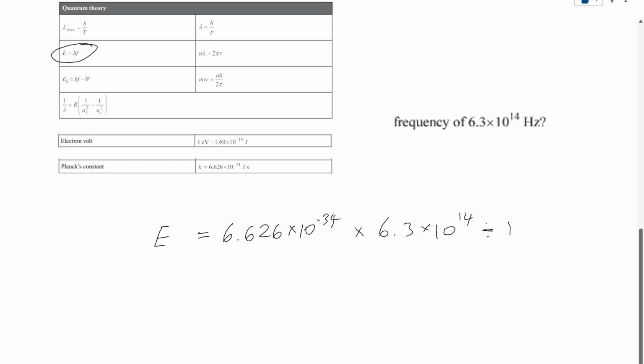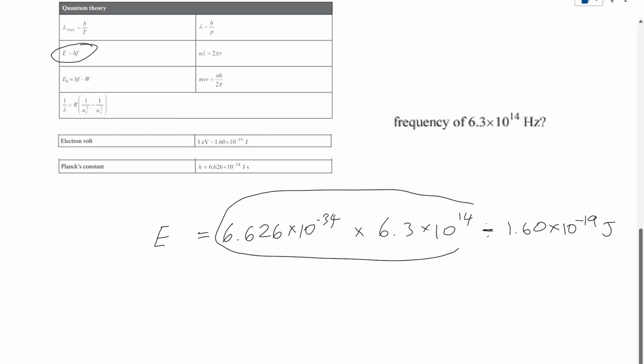So that means we've got to divide by 1.60 times 10 to the negative 19 joules, because this will give it in joules. If we divide by that, that'll convert it to eV. So this will give us an energy change in eV.